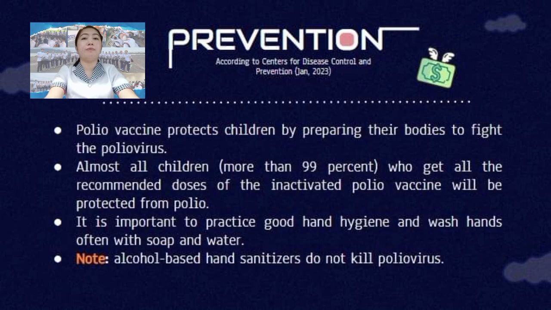Then for polio vaccine prevention, according to the Centers for Disease Control and Prevention, it protects children by preparing their bodies to fight the poliovirus. Almost all children, more than 99% who get all the recommended doses of the inactivated polio vaccine, will be protected from polio.